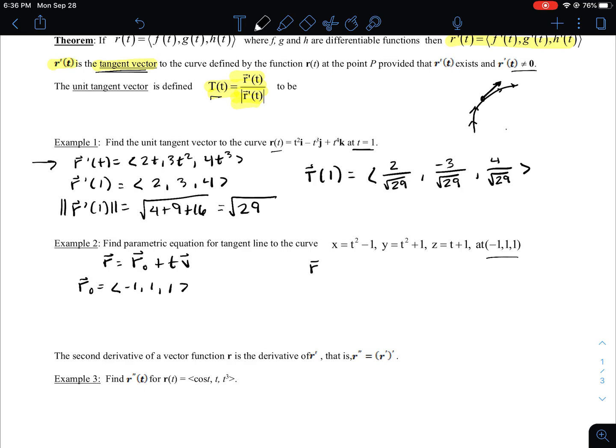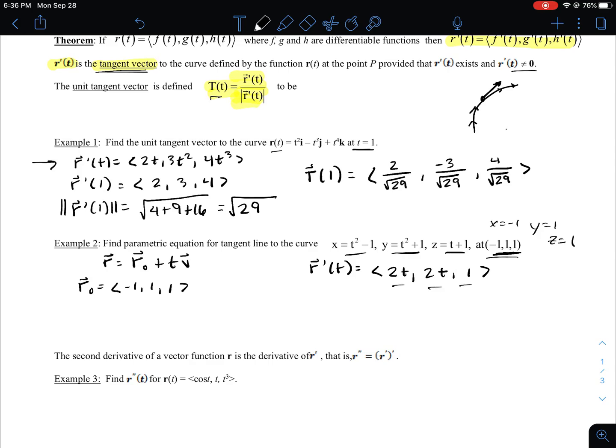I could find r prime of t by taking the derivatives of each of these components. So 2t, 2t, 1. But this is not a time. This is x equals -1, y equals 1, z equals 1. I don't get to plug that into values of t.